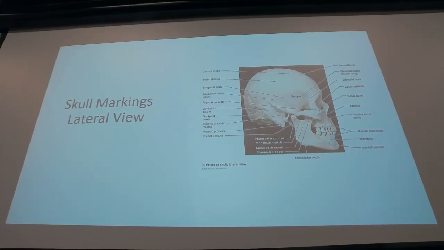And then in the body we have the mental foramen here, and alveolar processes, and of course these are external features. Internally we have a little gap to hold the mandibular gland.